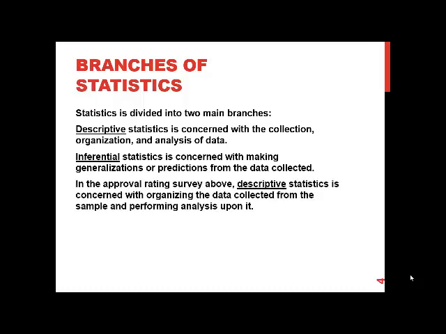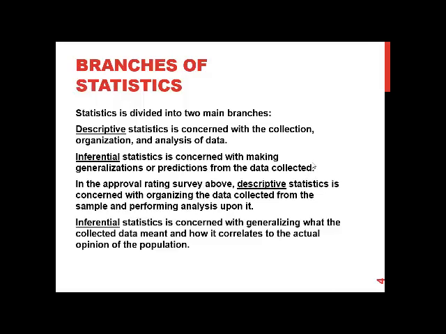In the approval rating survey above, descriptive statistics would be concerned with how the survey was conducted, setting up the survey, collecting the data, creating charts and tables, and so forth. Inferential statistics would be concerned with generalizing what the collected data means, how well it correlates to the actual opinion. Confidence interval is something you'll hear about. That would be the inferential statistics side.